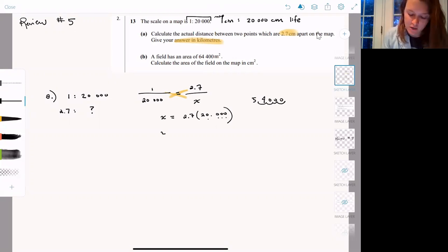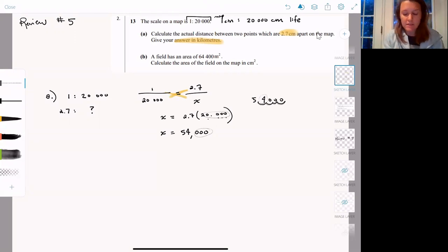So x equals 54,000. The reason that we have 4 zeros here and only 3 zeros is that I bounced that decimal place over. 1, 2, 3, 4. I didn't add 4 zeros because that wouldn't be right, because this was not a whole number.